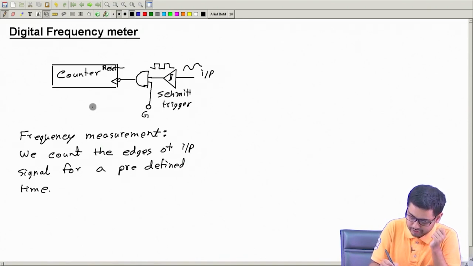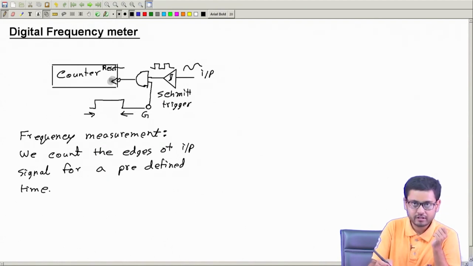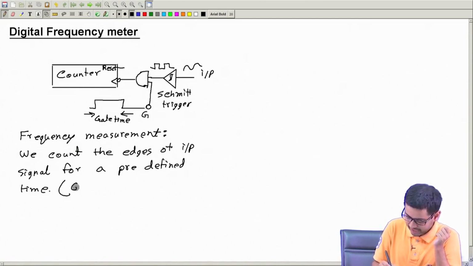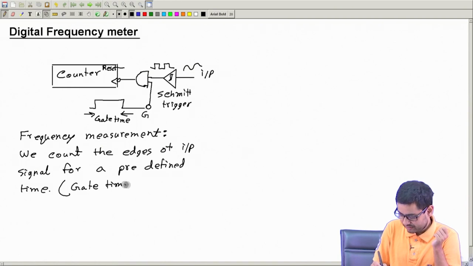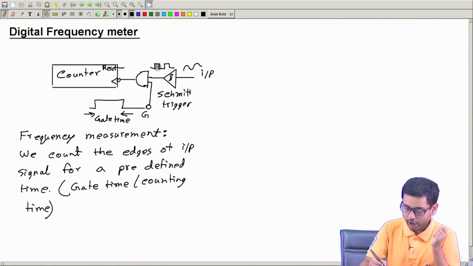So, here you give a signal like this, which is 1 for some time and then it is 0. Okay. So, this is the interval where the counting occurs. So, this predefined time is called gate time. You can also call it counting time. Okay. So, we count the pulses of this signal within this gate time.